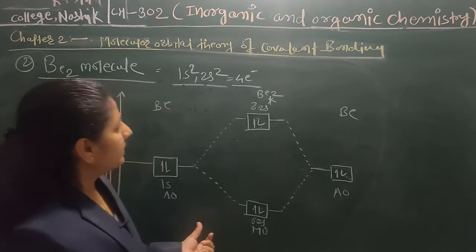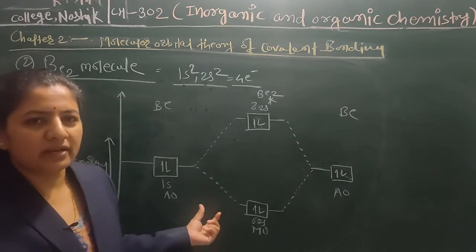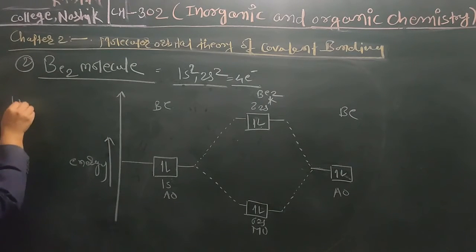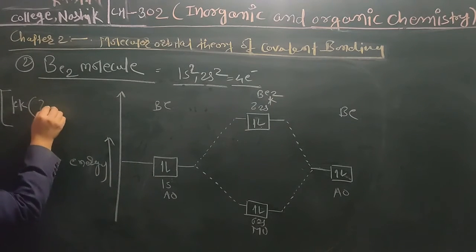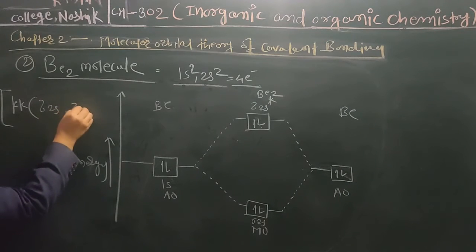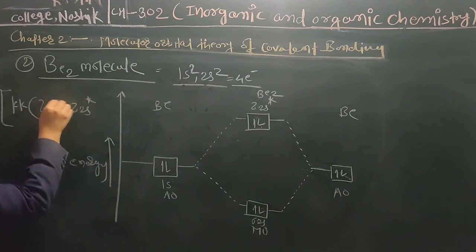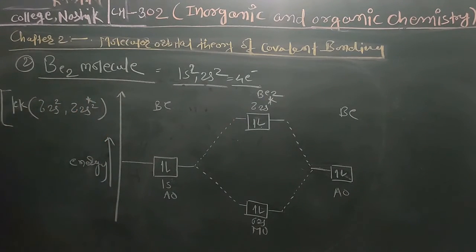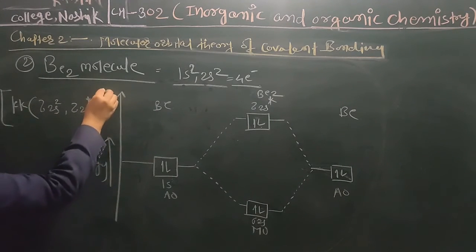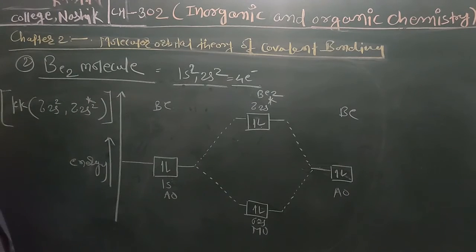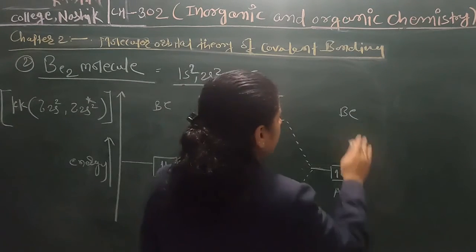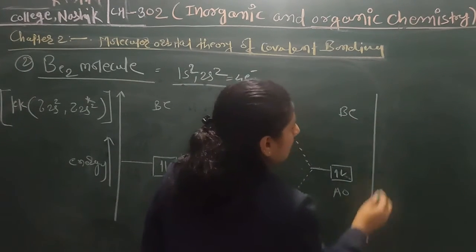So here there will be a very simple molecular energy level. This is the energy which indicates the electronic configuration. Sigma 2s, sigma 2s star. Now what about the energy?